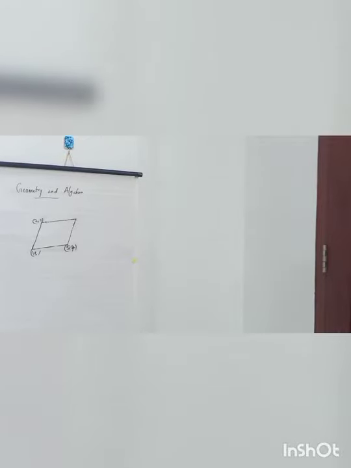One more parallelogram is given, and the vertices of this parallelogram are (1, 3), (5, 4), (2, 5). You have to find the fourth vertex. How can you find the fourth vertex? The same method you can use. Here, 4 is added to this 1, and for getting 4, 1 is added to this 3.